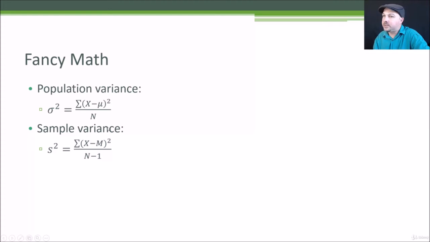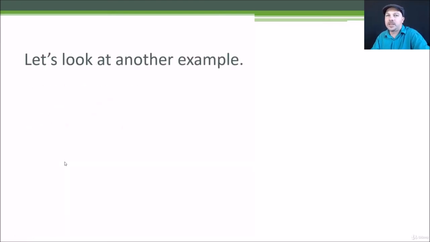And sample variance, similarly, is designated as s squared. And that is the summation of each data point minus the mean m of the sample set squared over n minus 1. So you subtract 1 from the number of samples that you have. That's all there is to it. So let's look at some real examples and write some Python code to make this happen.